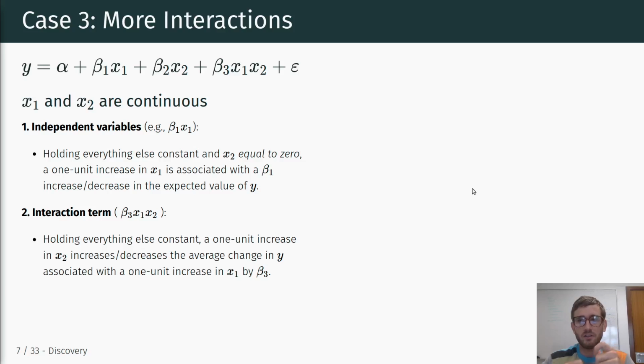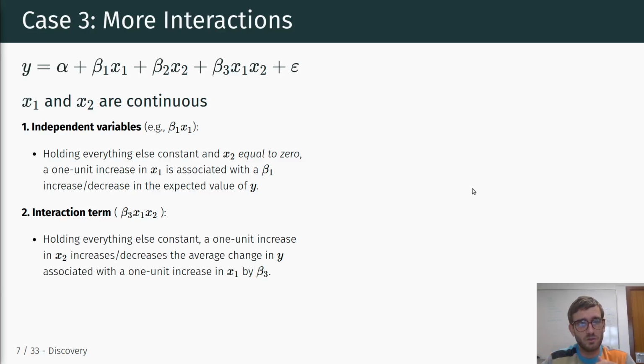Again, another thing that holds similar to the arguments that I discussed in the previous video, we can interpret these interaction terms in two different ways, right? We can focus on how x2 changes the slope, or the expected change in y associated with a 1 unit increase in x1, but we can also flip it around.